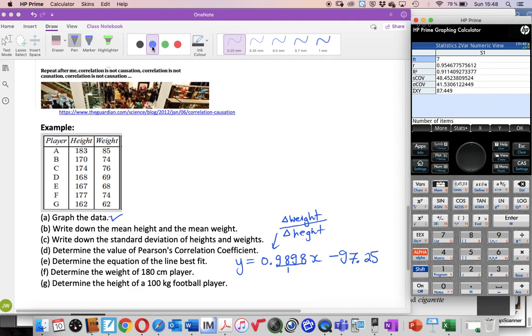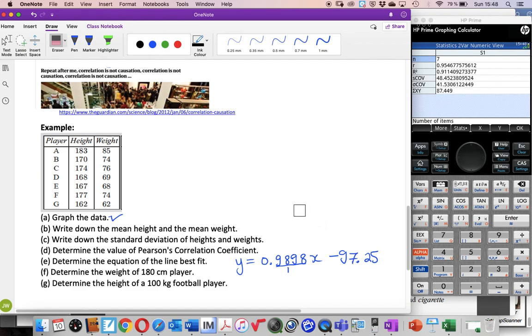So let's just take a moment and write it down as well. Our R, since we're rounding, is 0.955. Okay, notice it's positive. So we're going to say positive, and it's very strong. So there's a very strong association between the heights and the weights.